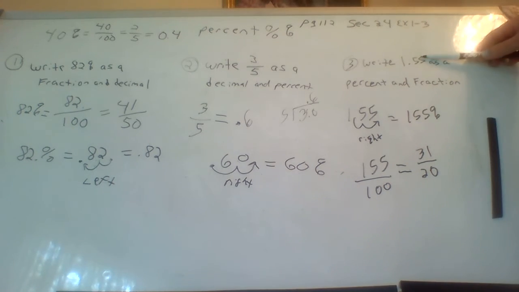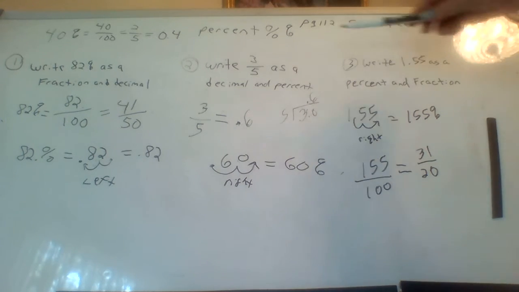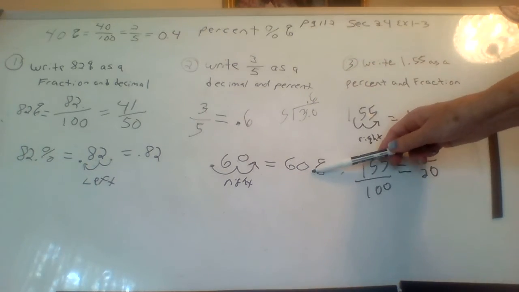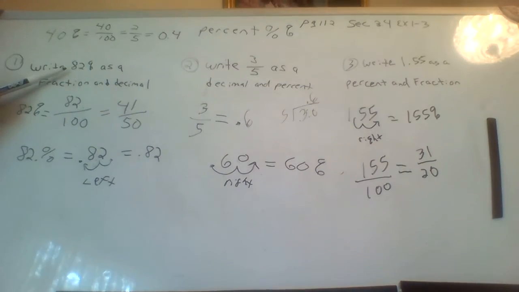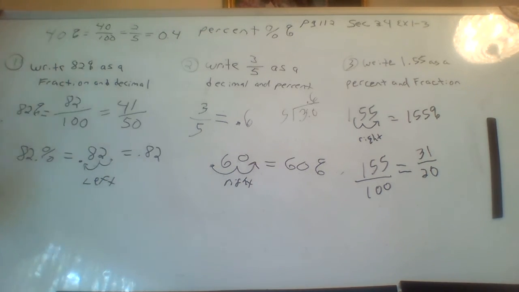So we went from a decimal to a percent to a fraction. Here we went from a fraction to a decimal to a percent. And here we started with the percent and went to a fraction, reduced, and then decimal, moved our decimal, and got it that way. So that's examples 1 through 3.